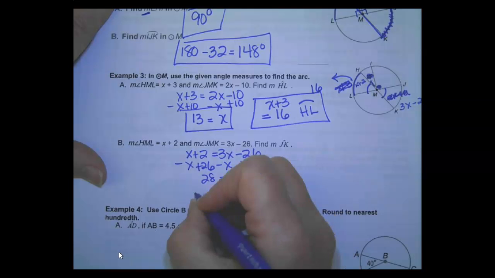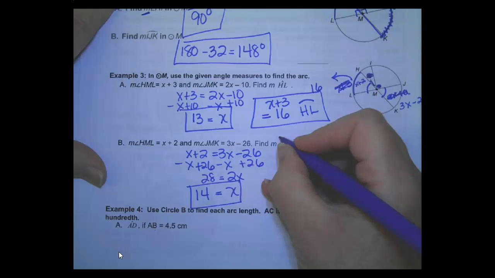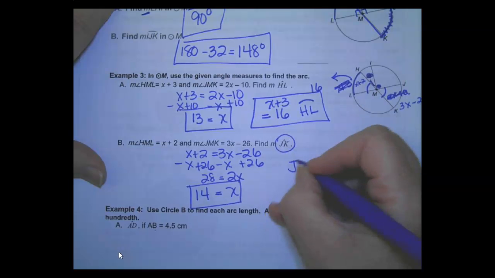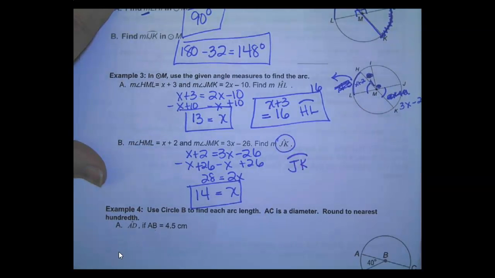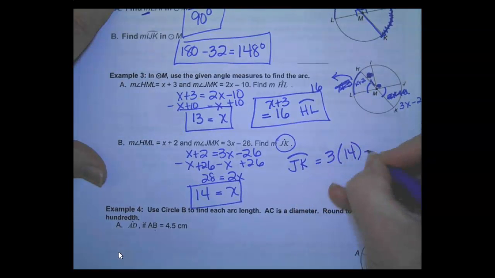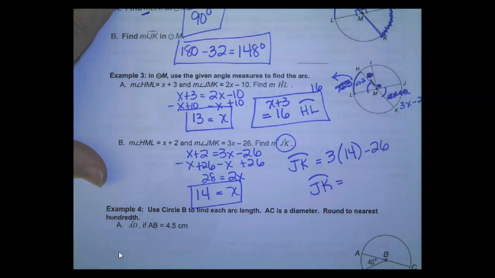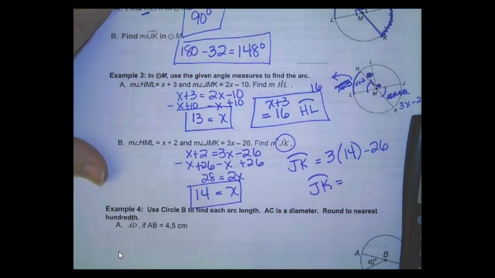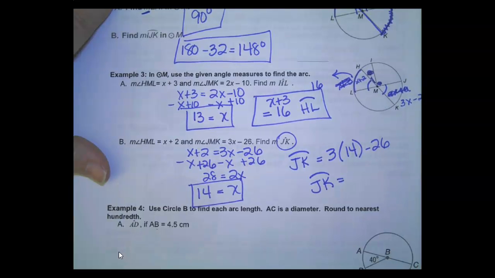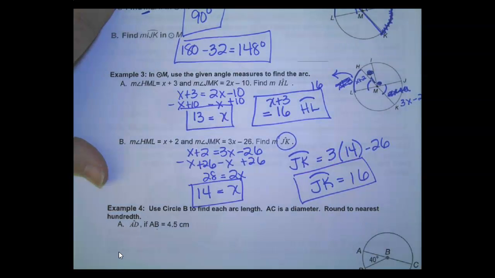X equals 14. Now JK, so that's what this means. JK arc is equal to 3 times 14 minus 26. So punch that into my calculator. 3 times 14 minus 26, 16 as well. Perfect.